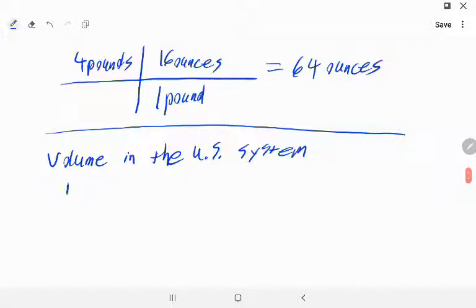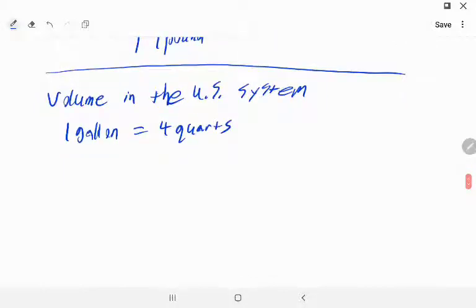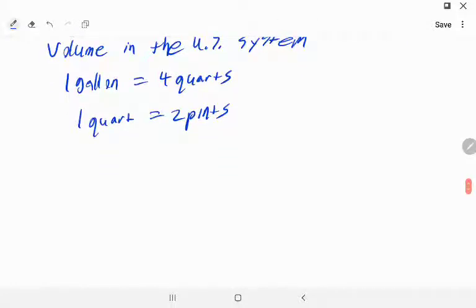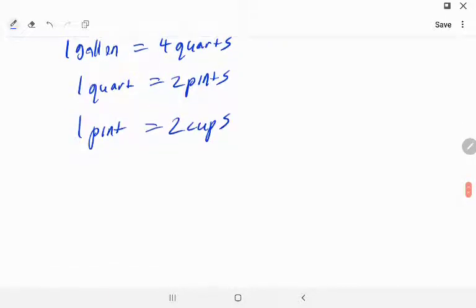It is given by 1 gallon is 4 quarts. 1 quart is 2 pints. 1 pint is 2 cups. 1 cup is 8 fluid ounces.